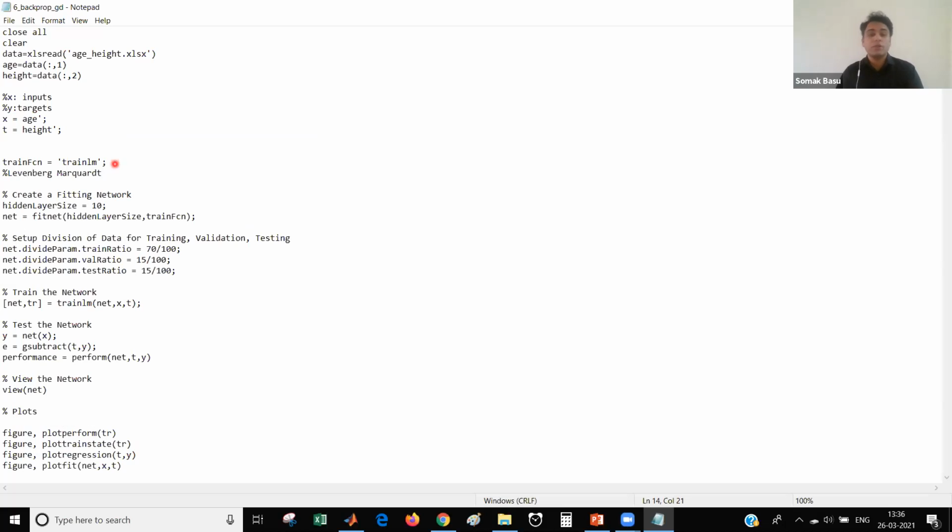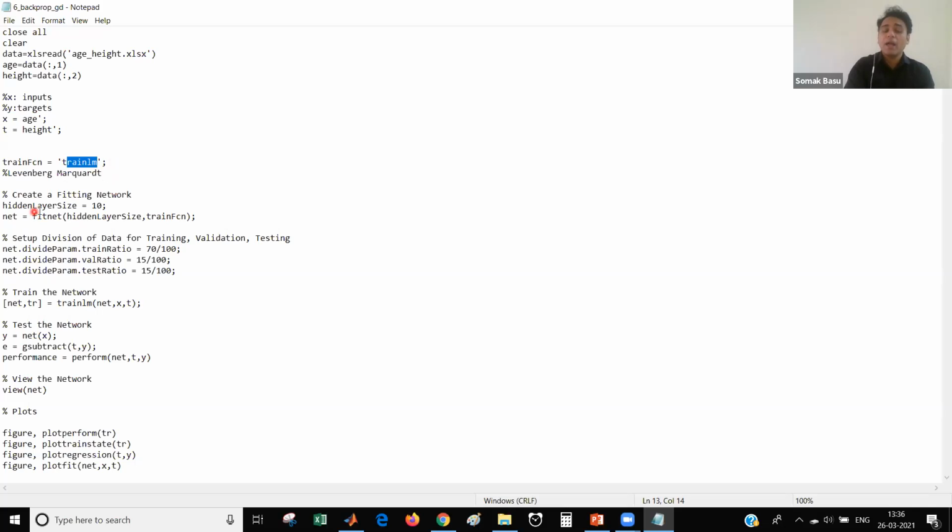Both are renowned scientists and mathematicians. This training algorithm is a back propagation training algorithm in honor of Kenneth Levenberg and Donald Marquardt. So I've decided the training function to be the back propagation training algorithm in honor of Levenberg Marquardt. MATLAB has a function named trainlm.